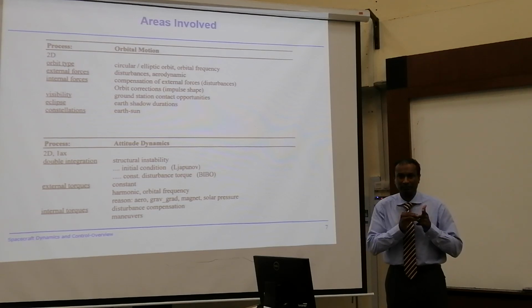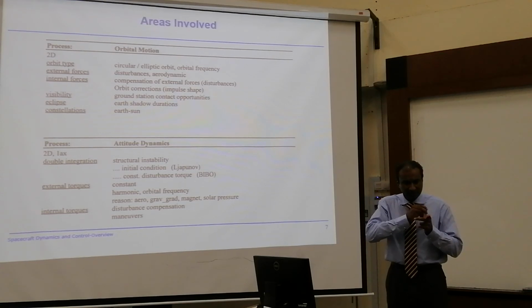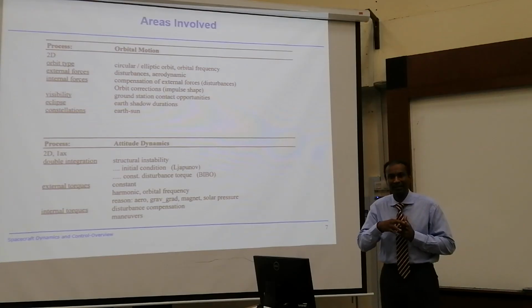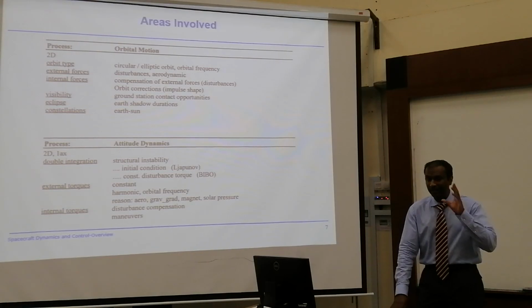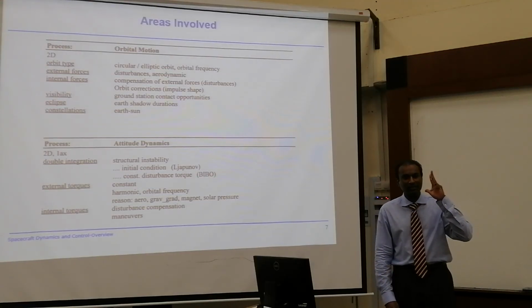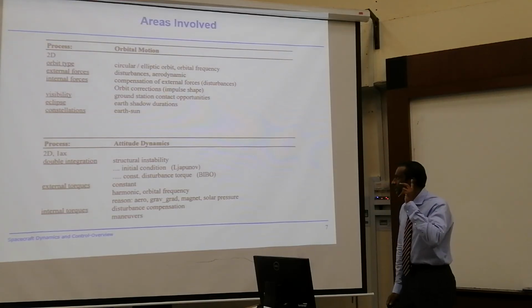Same goes for the other two. If this moves, you only see this 2D move. You don't see this. That's how we build the equations. But it is a 3 degrees of freedom system. Okay? 3 degrees of freedom system.